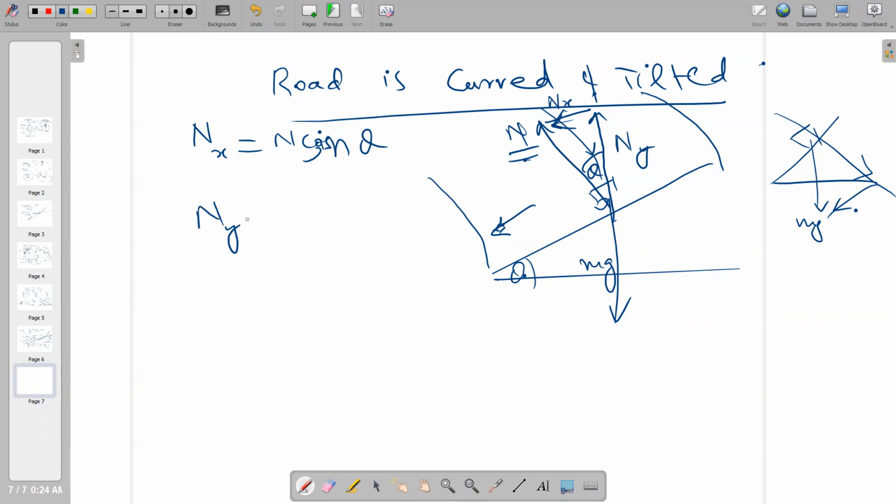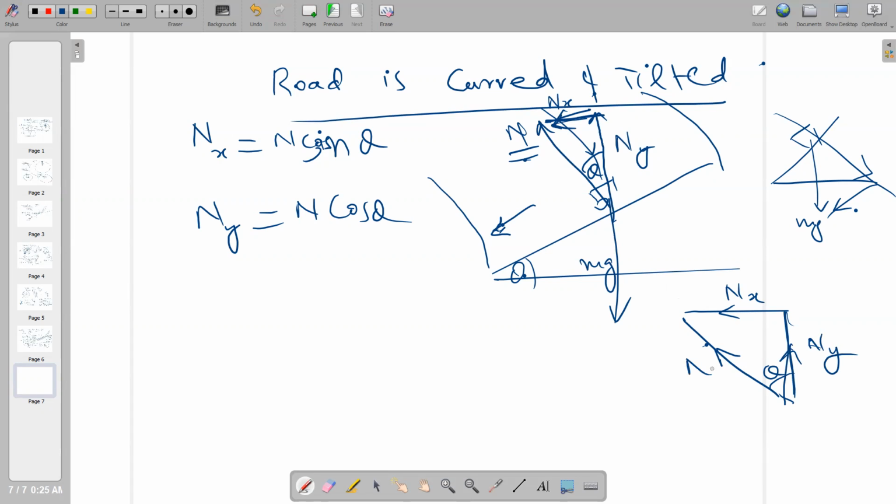And ny will be n cos theta, because in this triangle you can see it is like this, and this angle is theta. Nx means this side because it is along the x-axis, and this is the vertical side, that's why it is called ny, and this is n.